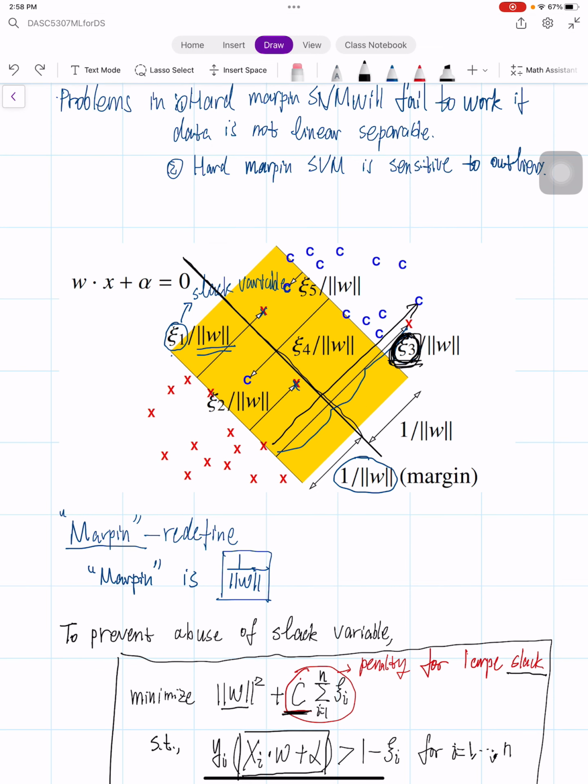But is there any way we can introduce a nonlinear decision boundary? That's what I'm going to talk about next. So the question is how to introduce the nonlinear decision boundary.